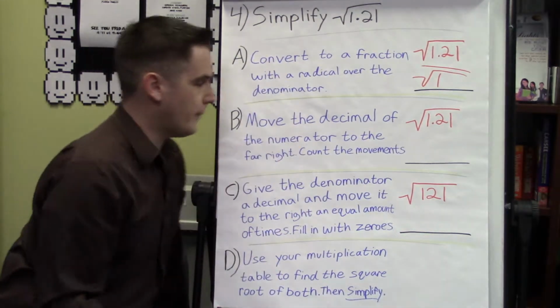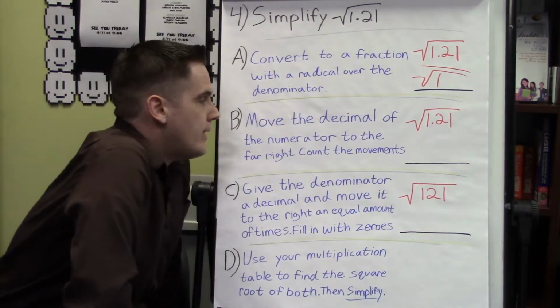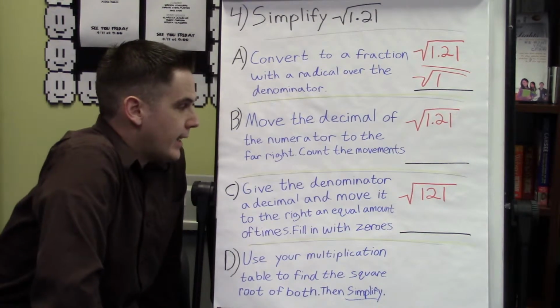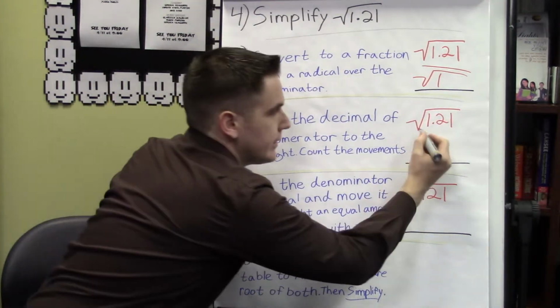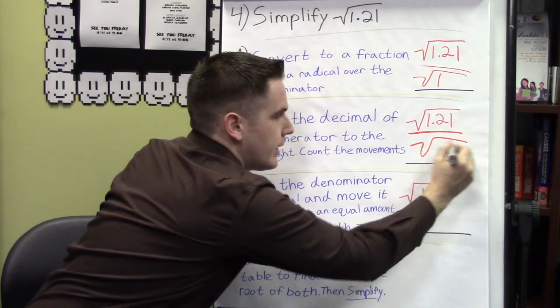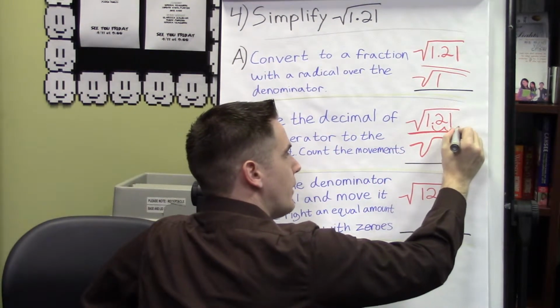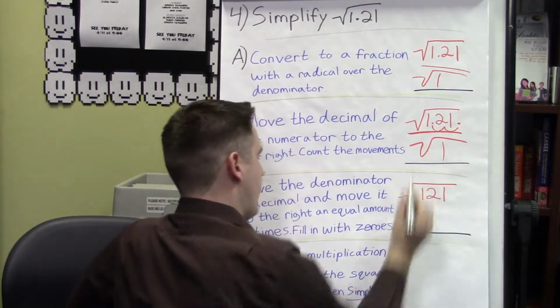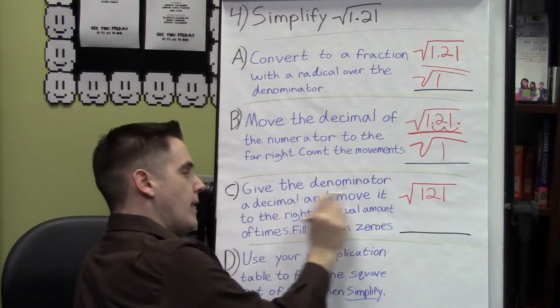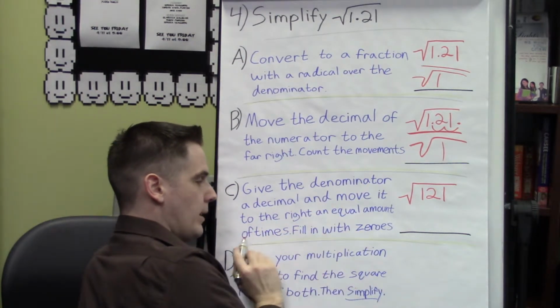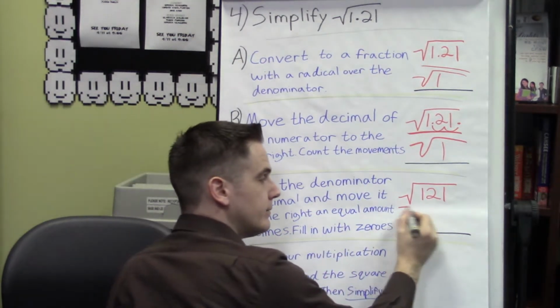Okay, that's step A. Step B, move the decimal of the numerator to the far right, count the movements. So, again, we've got this fraction here, and we're going to move the decimal to the far right, and we moved it 2 times. Then we're going to give the denominator a decimal and move it to the right an equal amount of times, fill in with zeros.